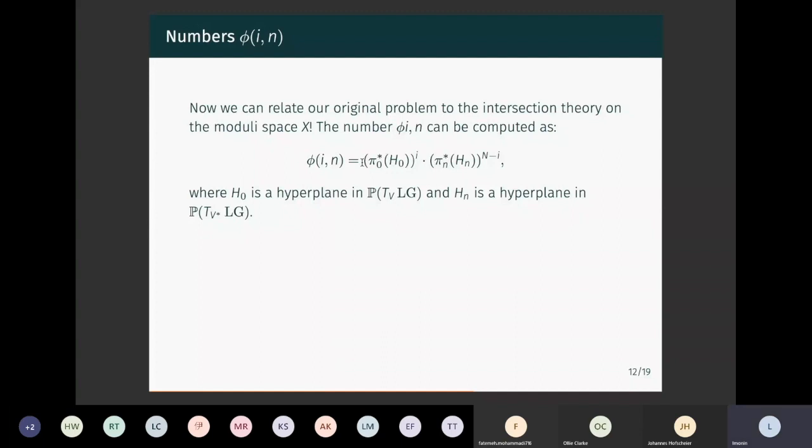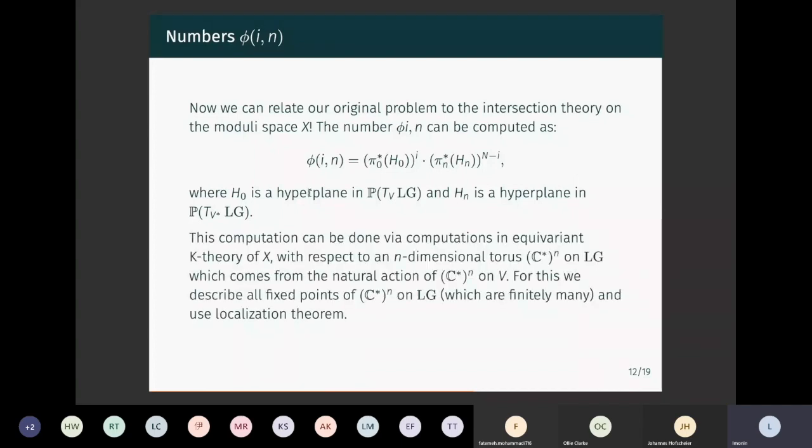And it turns out that you can do this calculation using equivariant K theory on this space X. On the Lagrangian Grassmannian we have a bigger torus, namely the torus C star to the n, which acts on V. What I wanted to say is that this bigger torus C star to the n has only finitely many fixed points on our moduli space X, and we can describe all of these fixed points.